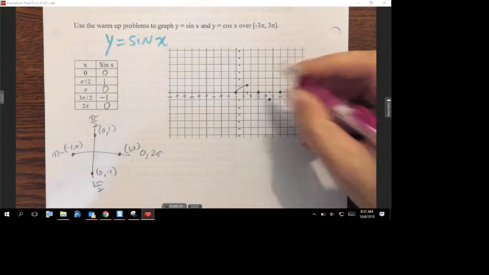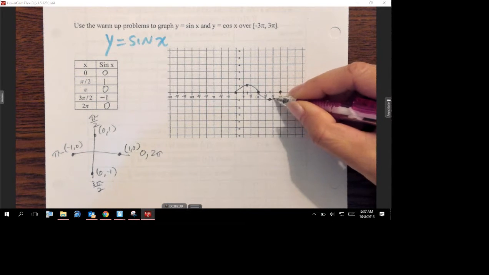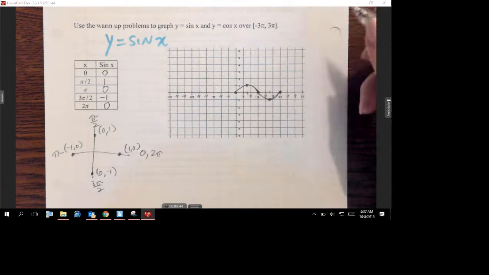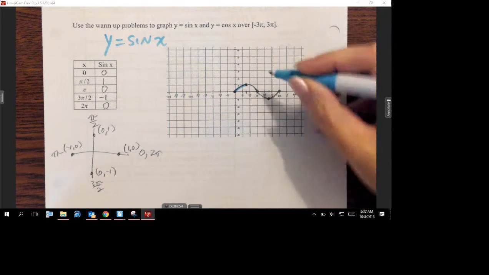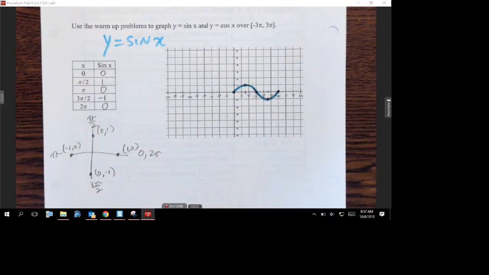And then when we connect these, they are smooth curves. They are not zigzags. They're beautiful, smooth curves. So I have graphed one cycle, one period, of y equals sine x. But you will not just graph one cycle unless that's all that fits on your graph.